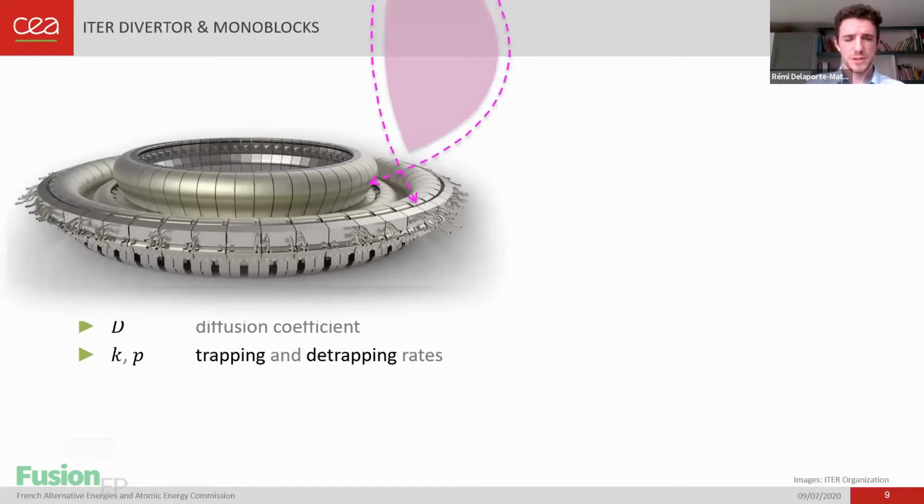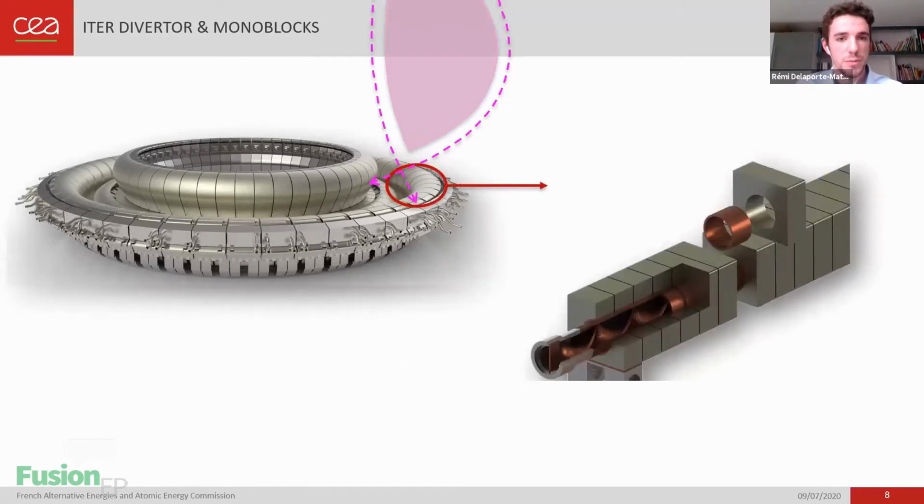So I promise no more equations from now on. Only go back to the cool stuff. So back to our monoblocks problem. As I told you, the plasma stays here, and it strikes the divertor on these two strike points. In ITER, the divertor is actually made of plenty of tiny bricks that we call monoblocks. So this is a monoblock.